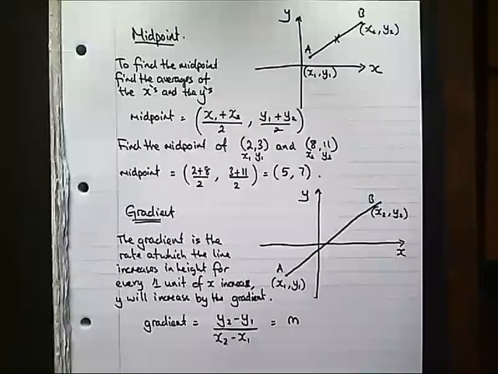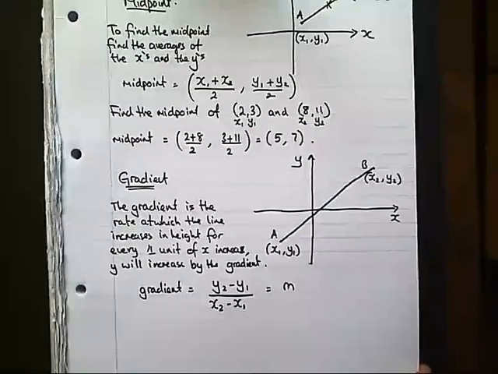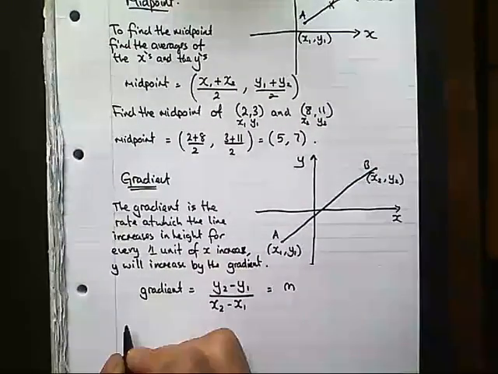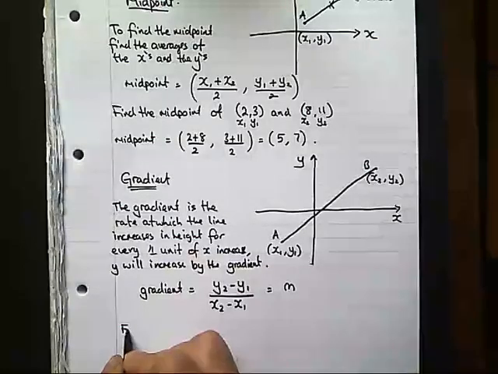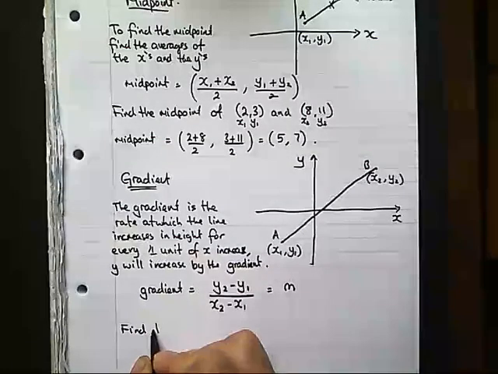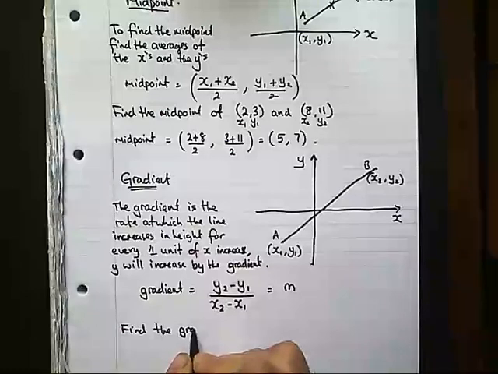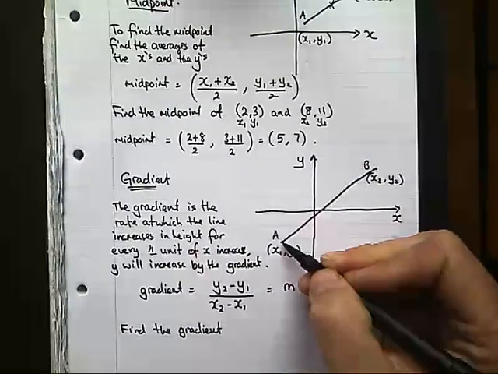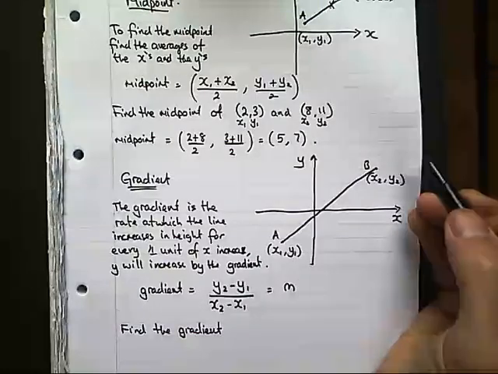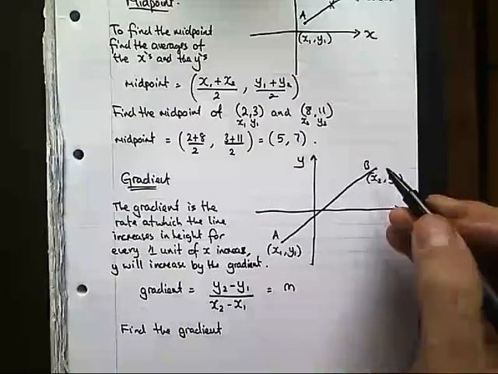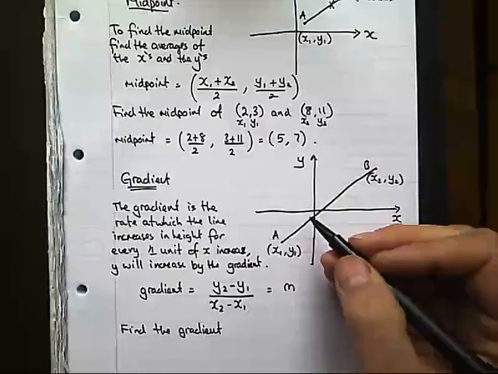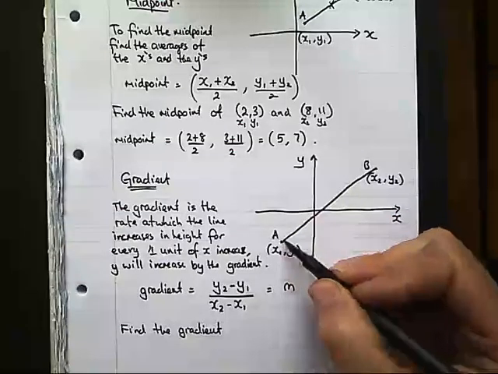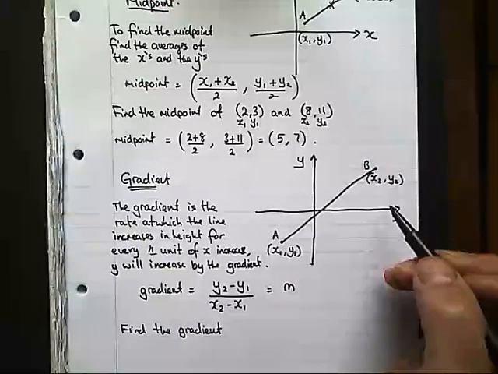Right, let's do an example. Find the gradient, and this is called a line segment because it doesn't continue. You can find gradients of lines that are continuous, but this line segment starts at A and finishes at B, so it's a segment.